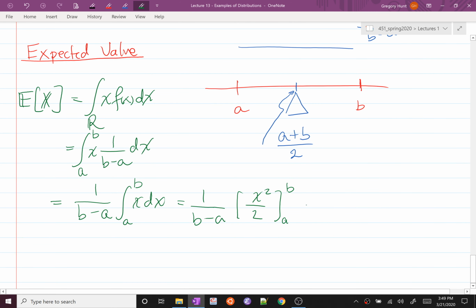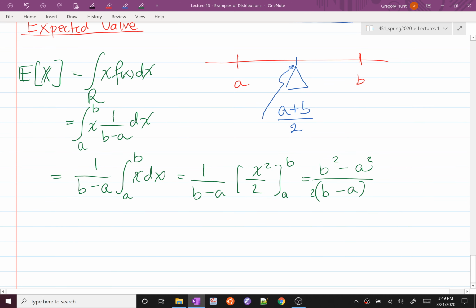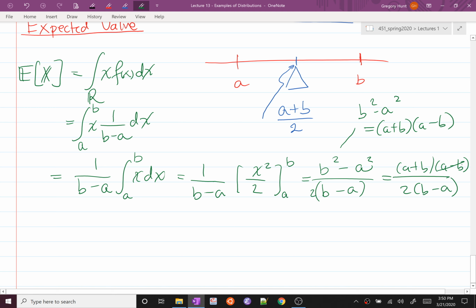That leaves me with b minus a in the denominator, and then I get b squared minus a squared over 2. A little bit of math tells us that b squared minus a squared, from high school, is a plus b times a minus b. Be careful here, I wrote this wrong.